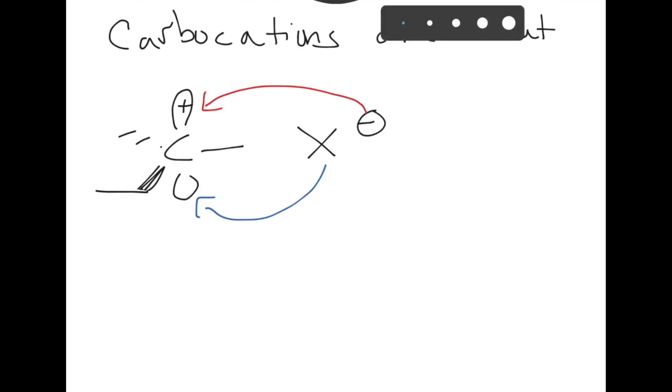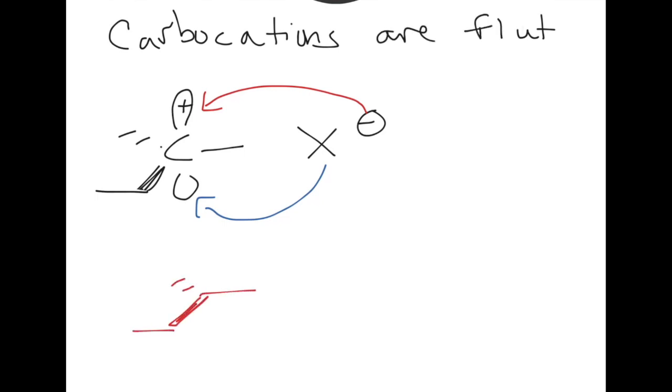So half the time I add my halide from the top, and the other half of the time I add my halide from the bottom. So I get a 1-to-1 mixture of these enantiomers.